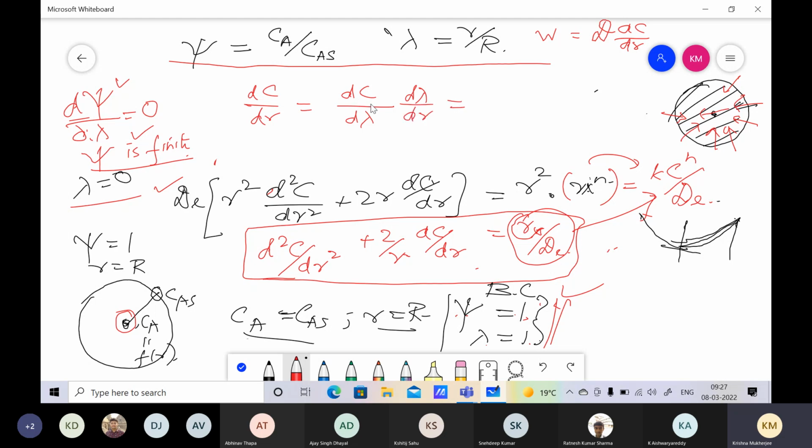Is equal to dc by d phi into d phi by d lambda into d lambda by dr. ठीक कर रहा हूं मैं?